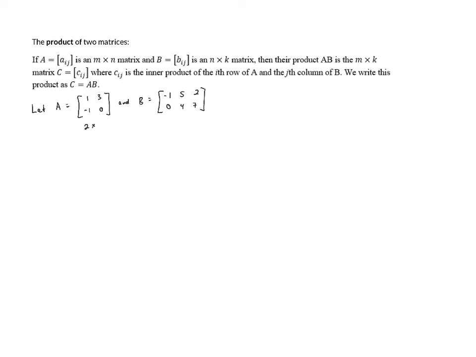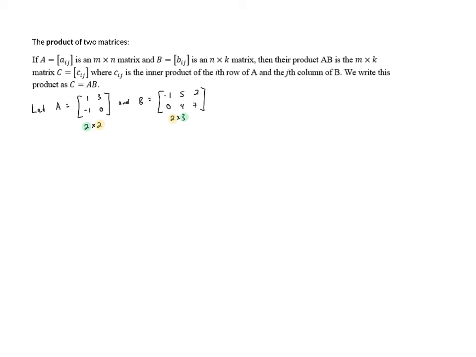So A is a 2 by 2 matrix and B is a 2 by 3 matrix. We know that we can multiply these because the second dimension of A is equal to the first dimension of B. And furthermore, the result is going to be a 2 by 3 matrix.